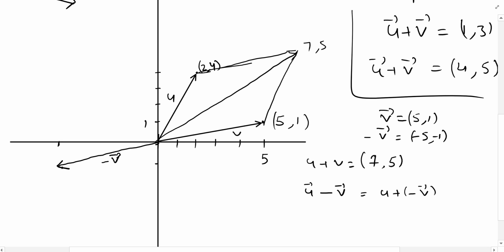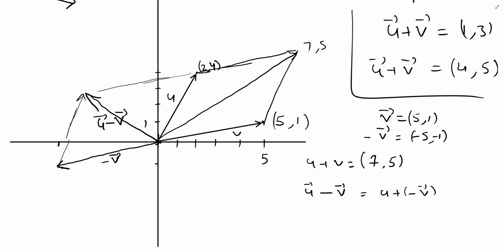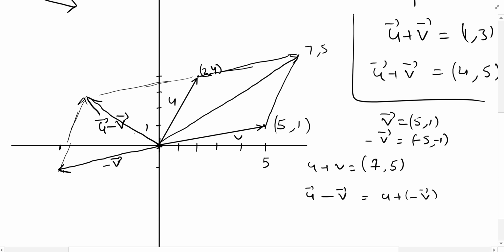So it's going to be right here. So this vector is u minus v. And I told you two vectors are the same if they have the same direction and the length, the magnitude. So this vector is the same as this one.